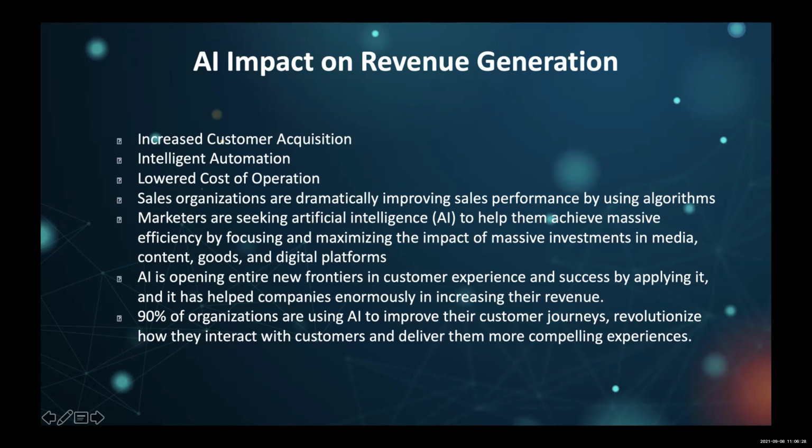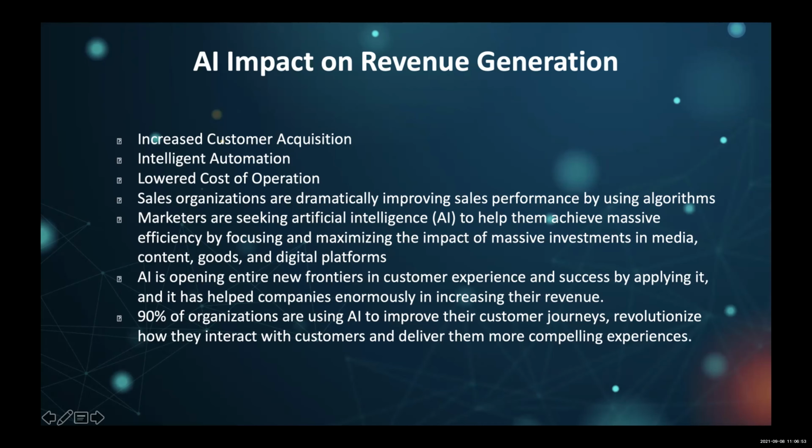Now, marketers know that investing in artificial intelligence is required as the technology moves forward. So they have invested a massive amount in media, content, goods, and digital platforms to maximize their efficiency in the markets. AI is opening new frontiers in customer experience and success.